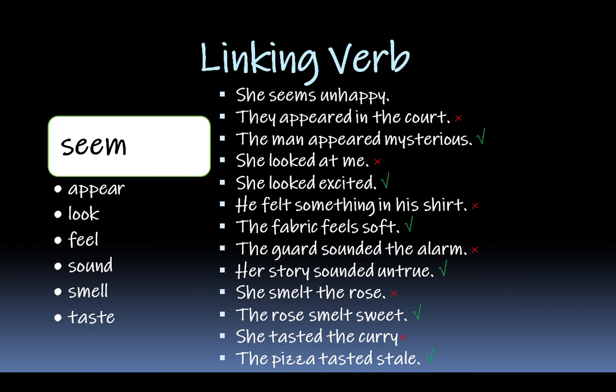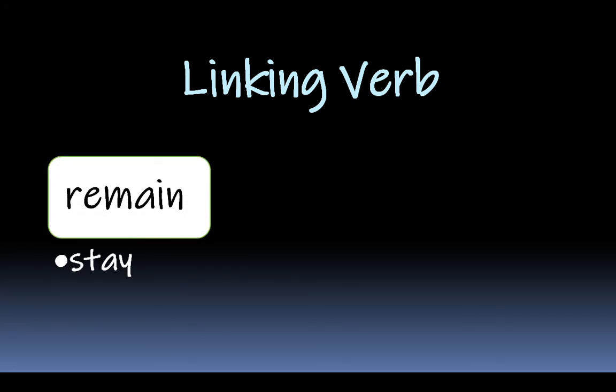And now the last group, in which the linking verb indicates that the subject has remained in a particular condition for some length of time. इसमें जो linking verb है ये बता रहा होता है कि सब्जेक्ट किसी खास हालत में है नहीं, बल्कि उस हालत में कुछ वक्त के लिए वो रहा है, उस हालत में मौजूद रहा है.